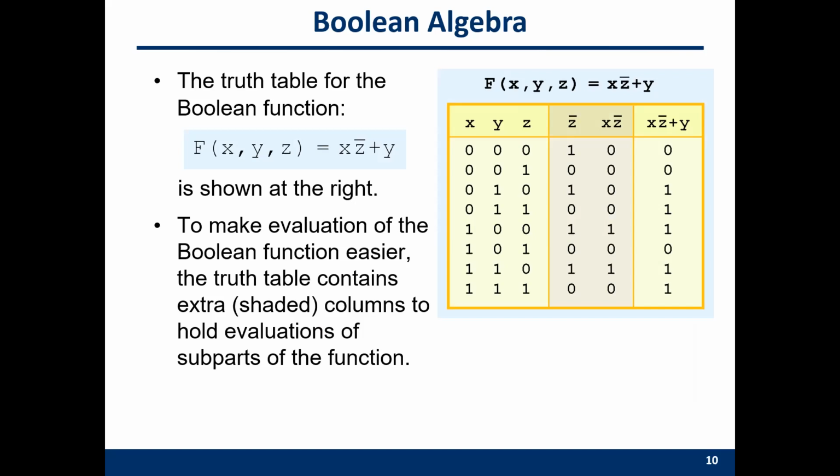When you have the values of these intermediate variables, you can easily compute the final output in the last column. So sometimes you need to set some intermediate variables to simplify the analysis.